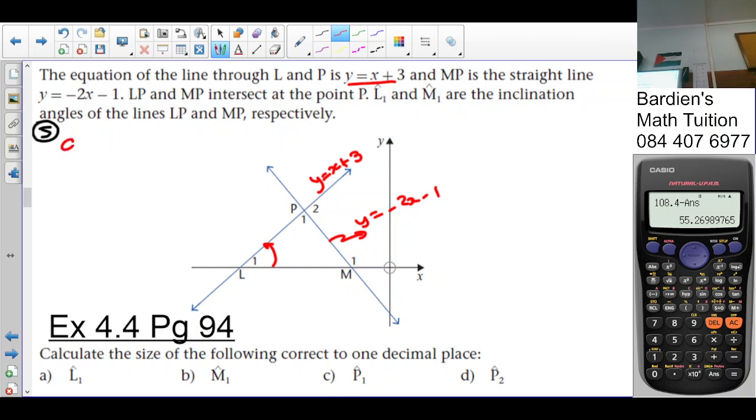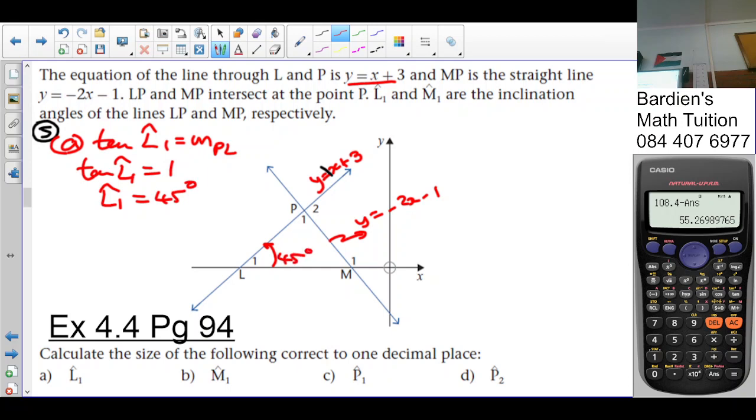So what do I need to calculate angle L1? I need the gradient. So tan of angle L1 is equal to the gradient of PL. Not so? So what's the gradient of PL? 1. Where do I get that from? From D. Okay, it's 1. So tan of angle L1 is equal to 1. Arctan of 1 is 45 degrees. Okay. B, M1.